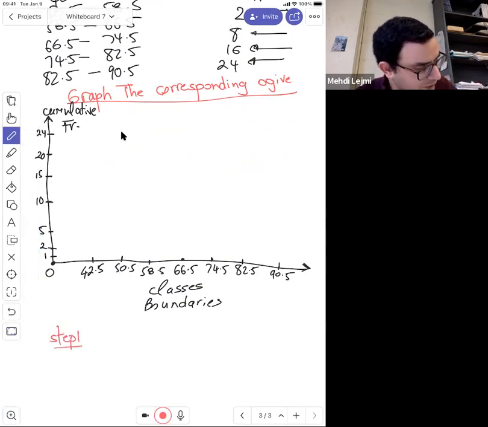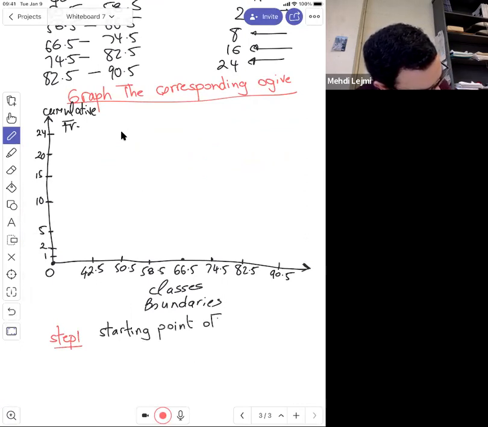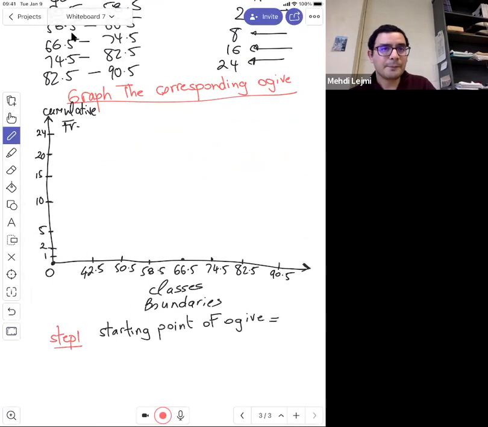So step 1: the starting point of the ogive is always the lower boundary of the first class.